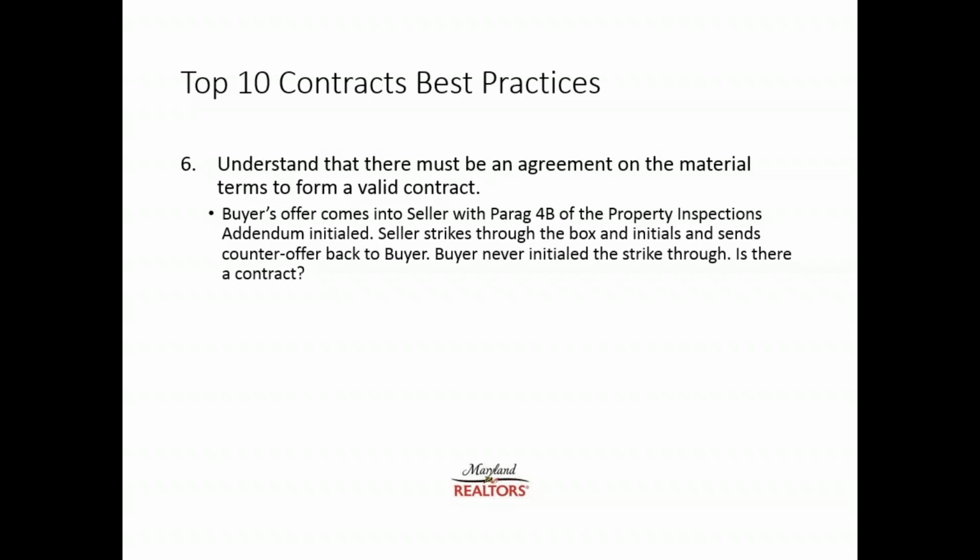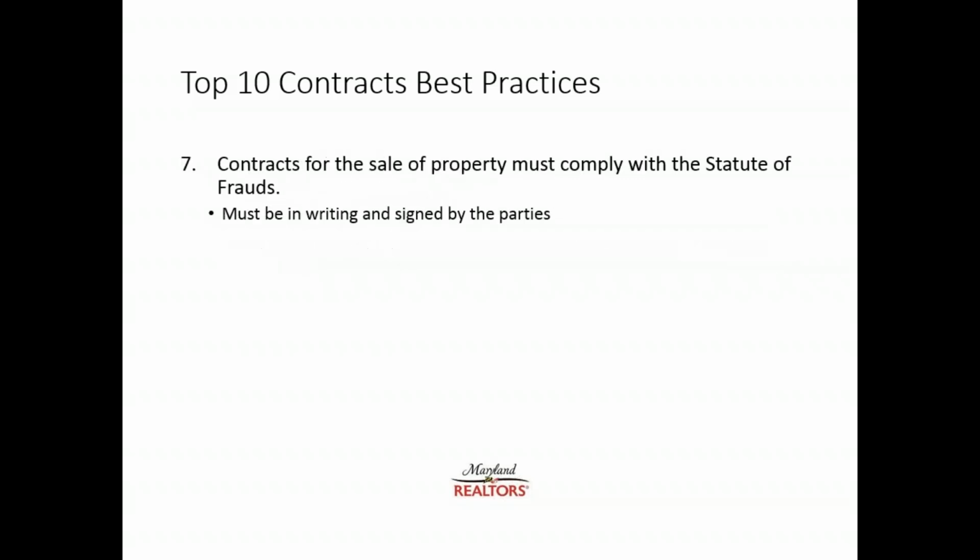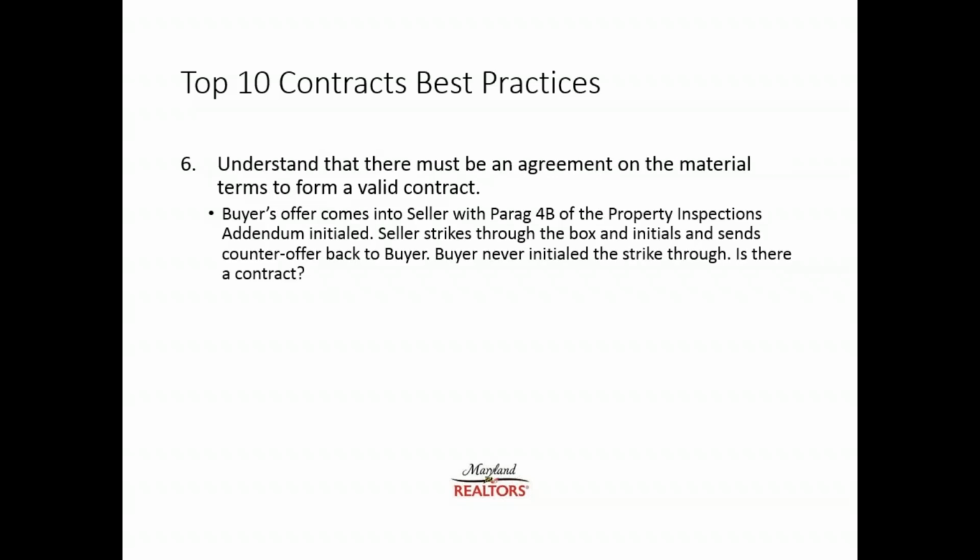Well, paragraph 4B of the property inspections addendum clearly says that if an offer comes in and the buyer has initialed paragraph 4B, but the seller doesn't agree to that, then the seller needs to strike through 4B. They need to initial the strike through. It needs to go back to the buyer for the buyer to initial the strike through, and then we can proceed. If the buyer fails to initial the strike through, then our position is that there is not a contract.